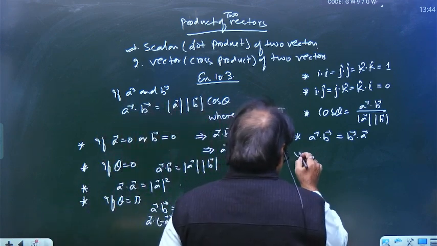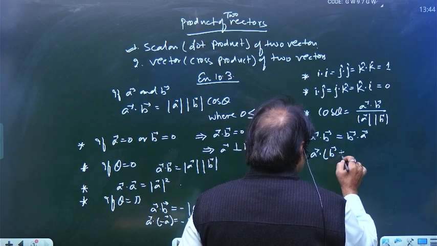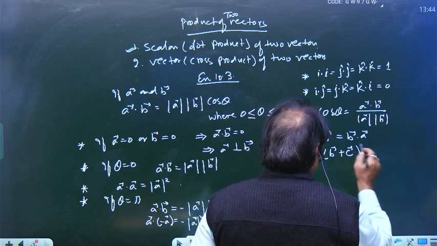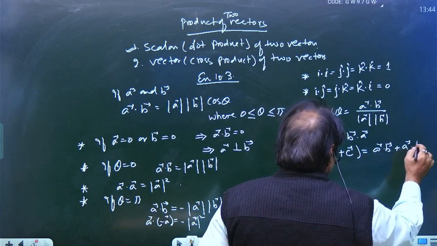And the distributive property means A dot (B plus C) equals A dot B plus A dot C.